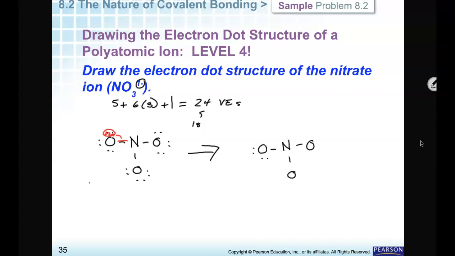And I could have taken the pairs of electrons from any of those oxygens. In actuality, that double bond kind of floats along. It's called resonance. You don't need to know that. Don't forget your charge with the brackets, otherwise you won't get credit.